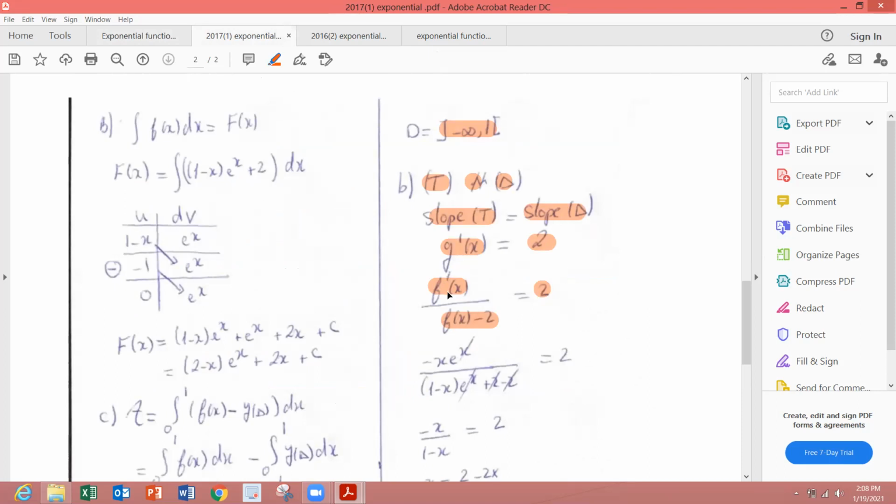Any questions about this step? كيف استاذ؟ ما سمعت. عرفت كيف جبنا هذا الديريفاتيف f prime x over f(x) minus 2؟ The derivative of f(x) minus 2: the derivative of 2 is 0, it is a constant. So for ln u, the derivative is u prime over u.